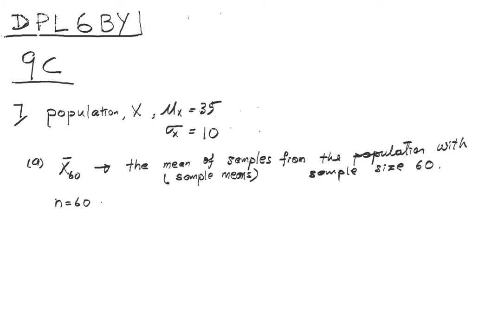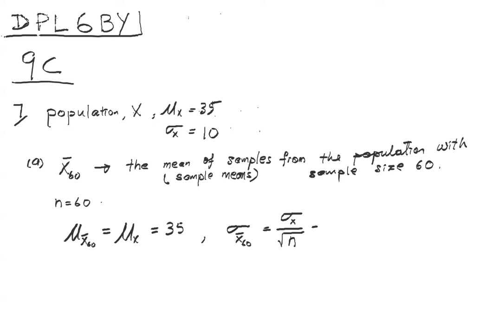Okay, now for part A, how to find it? The mean of the sample mean distribution is equal to the population mean, so it's equal to 35. And the standard deviation for the sample mean distribution is equal to the standard deviation of the population divided by the square root of the sample size.